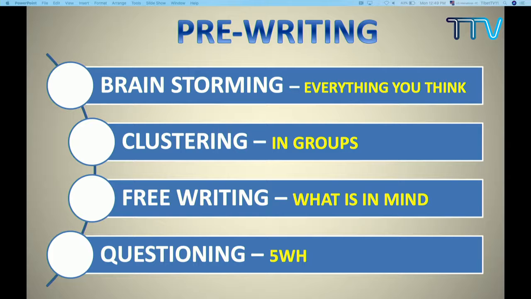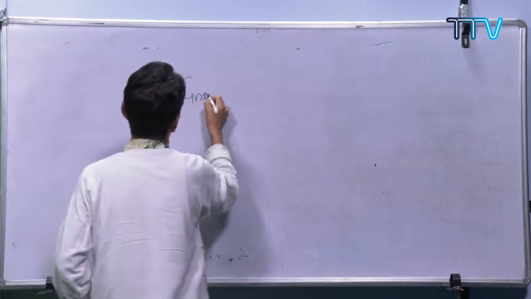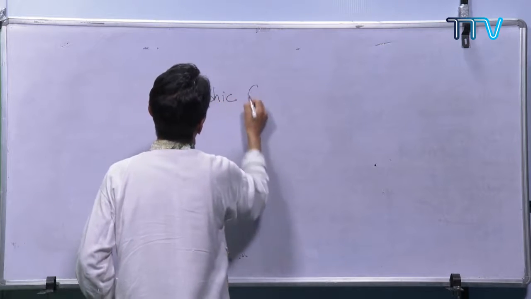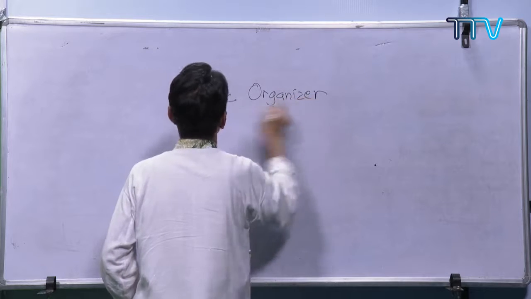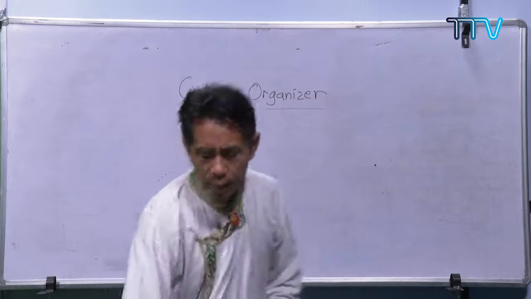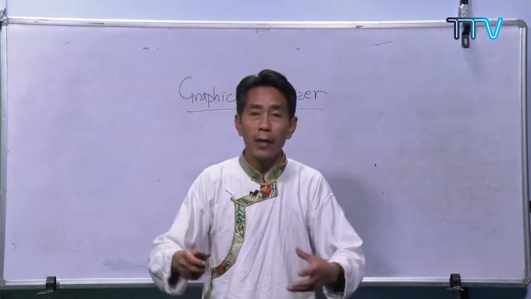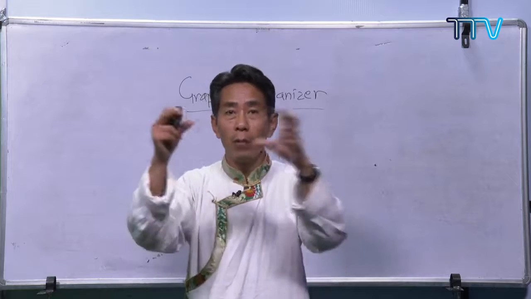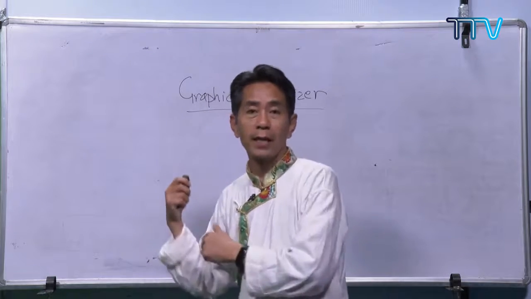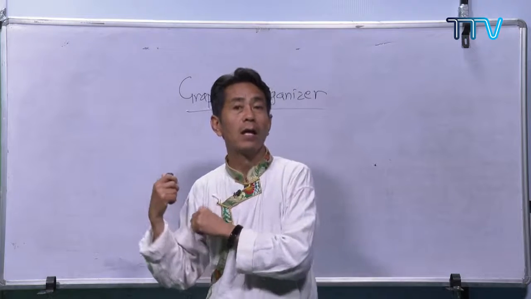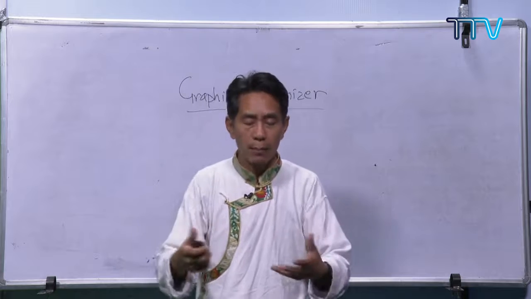Now this graphic organizer plays a very important part. So the graphic organizer is a tool that you can use in this stage, where your ideas will come in the form of a drawing or a picture. The one that Ketenchula used was one of the graphic organizers. So this will help you get some ideas.